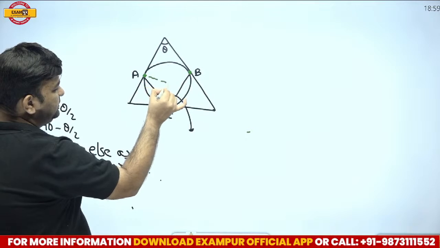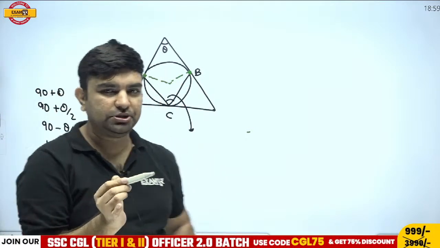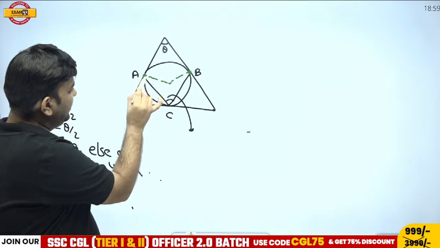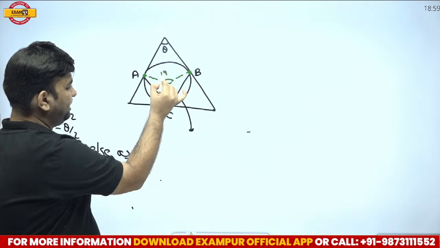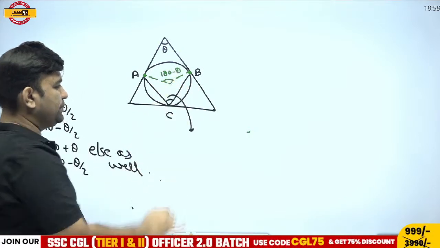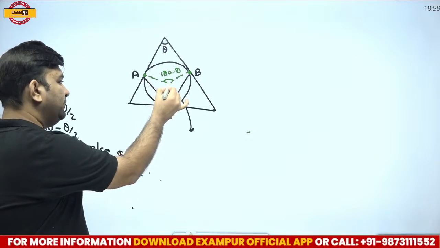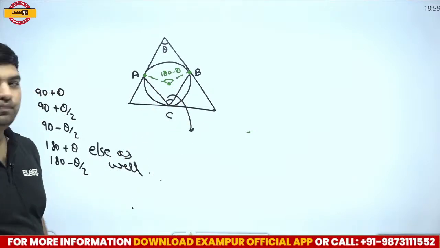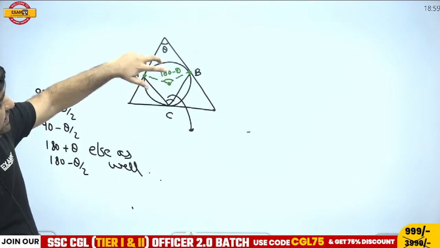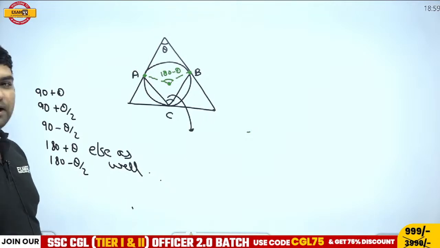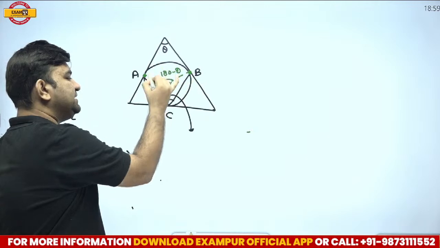Do a construction, guys. 90, 90, 180, theta, 180 minus theta. If I see it in the back, this arc has subtended 180 minus theta at the center.